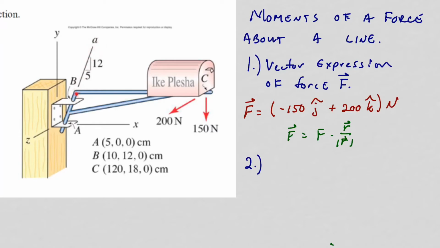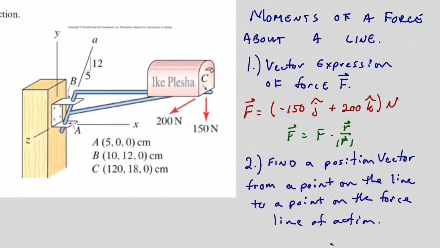We are given only points A and B, and it really doesn't matter which one we use, but we will use one of those to point C. So for our example, we are going to take this particular position vector from A to C. This is our position vector r_AC.